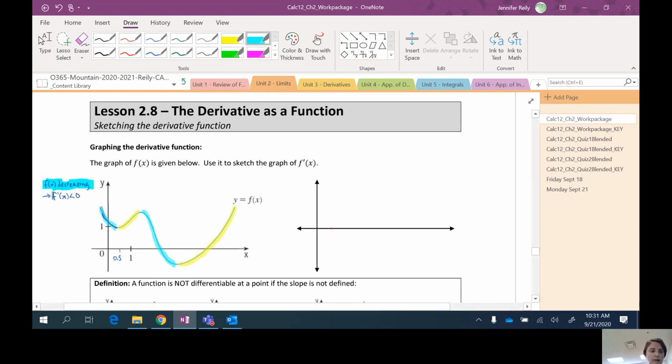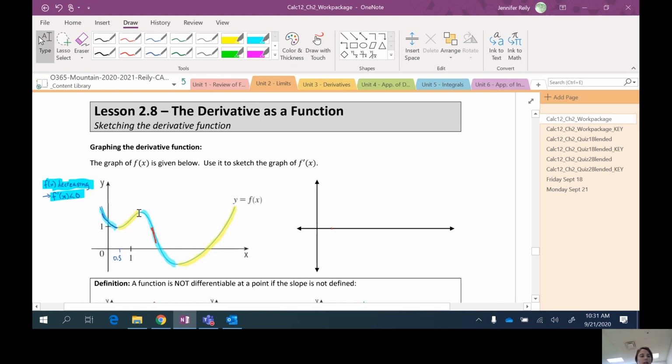So that's what I've got in blue here. This other blue region, same thing. The graph is going down, it's decreasing, so the tangent line would be negative. If you were to draw the actual tangent line at a specific point here, you can see it has a negative slope.